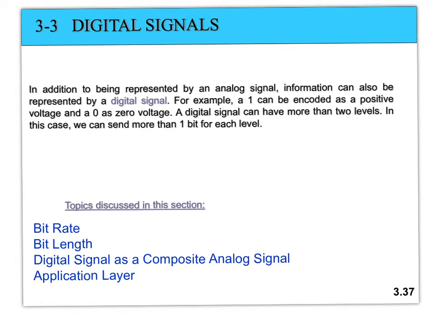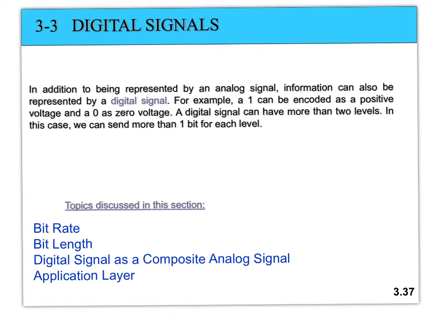And we have discussed the Fourier theorem, which states that you can represent any kind of analog signal, whether it's periodic or non-periodic, using multiple simple analog signals like a sine wave with different amplitude, phase, and frequency.